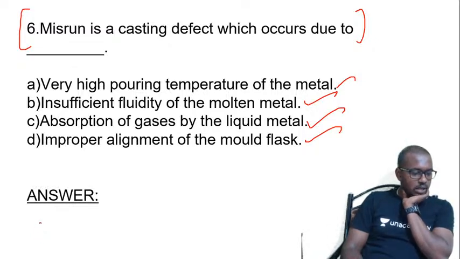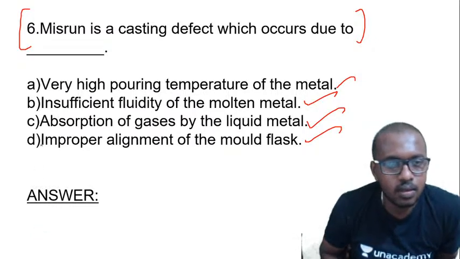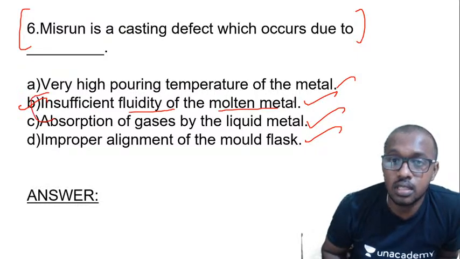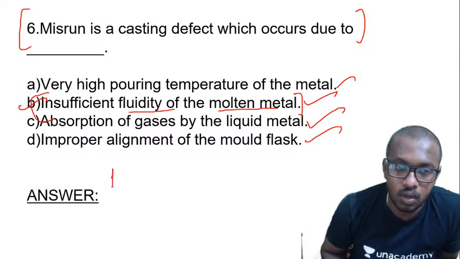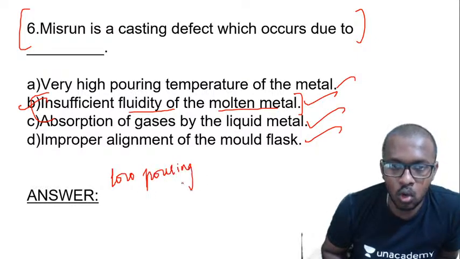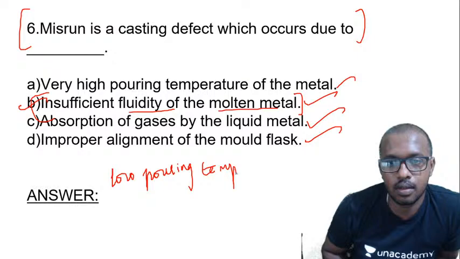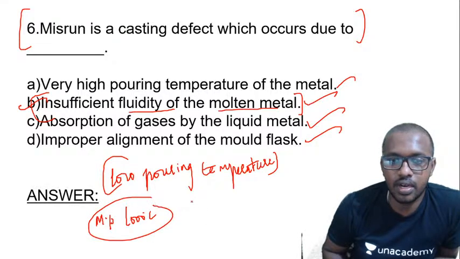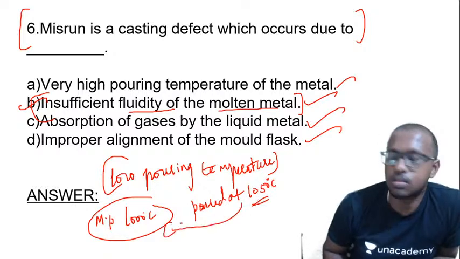Nice, Dhaval, sir. It is the insufficient fluidity of the molten metal. So insufficient fluidity is all because of low pouring temperature as well, correct? If the molten metal has 1000 degrees Celsius as the melting point, but it is poured at just 1050 degrees Celsius, it easily becomes solidified.